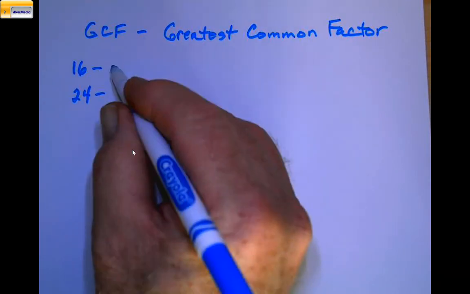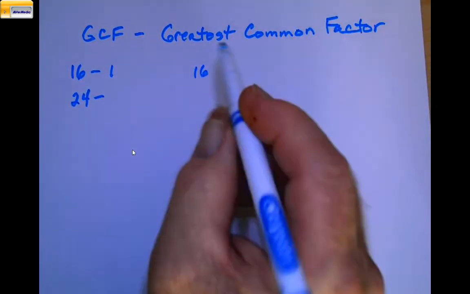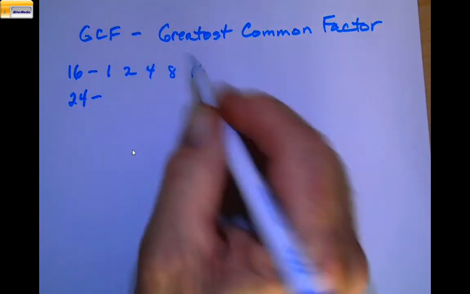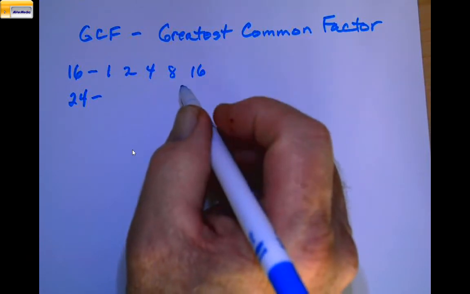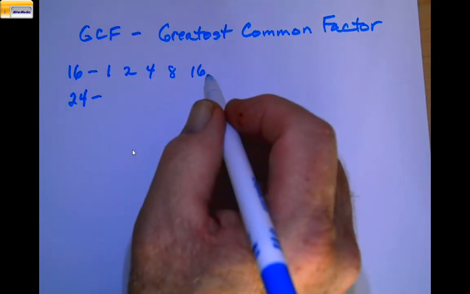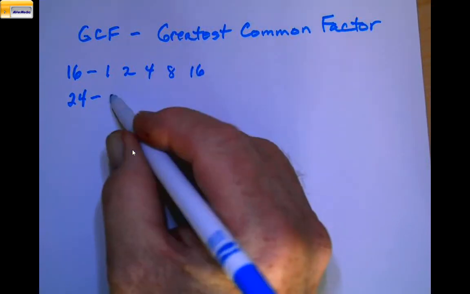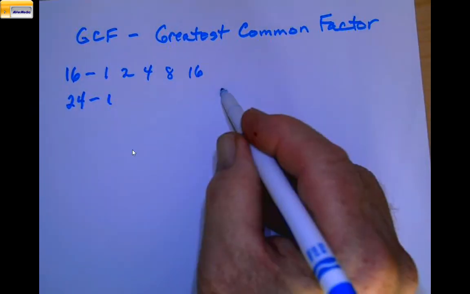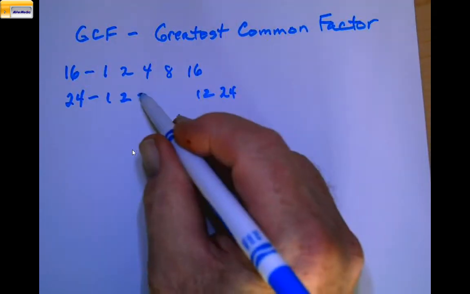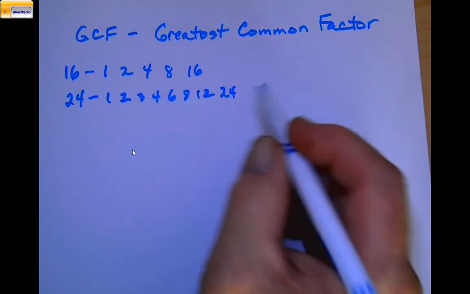One is always a factor, as is the number itself. 2, and 8, and then 4. So those are all factors of 16. I know it's 4 times 4 to make 16, and you only list the 4 one time. Then with 24 we have 1, 24, 2, 12, 3, and 8, 4, and 6.